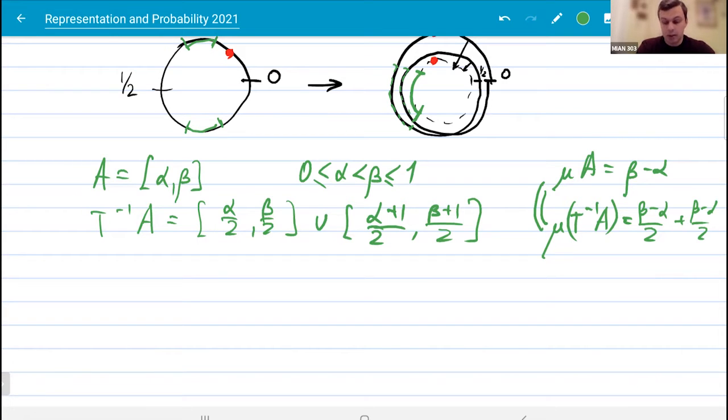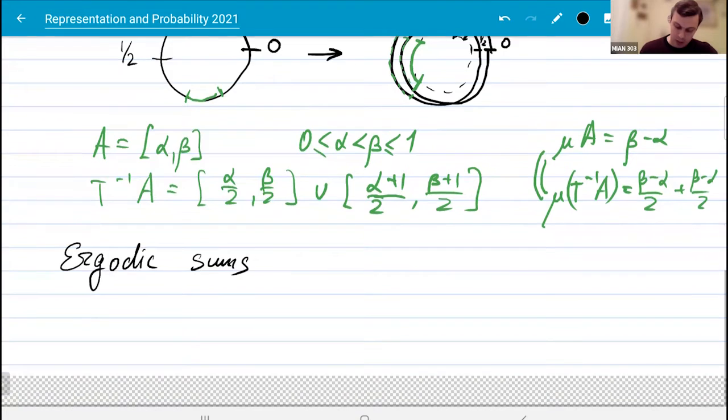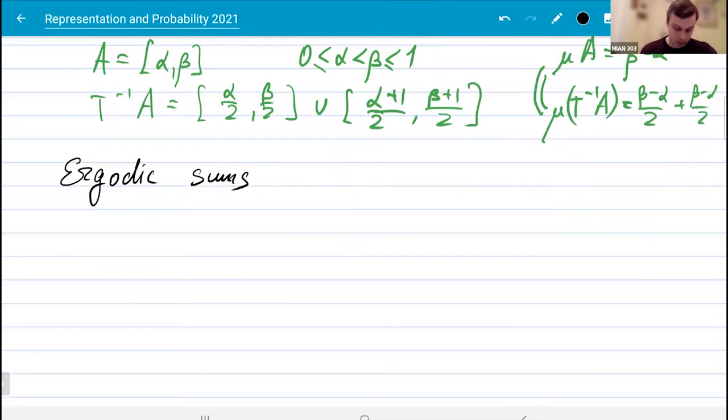The next thing is a fundamental notion in ergodic theory, the so-called ergodic averages or ergodic sums. Take any point, and let's start with some function f from, for example, the space L1 of X, mu. For brevity I will omit B in such notation, but of course there is always the sigma algebra behind the measure.